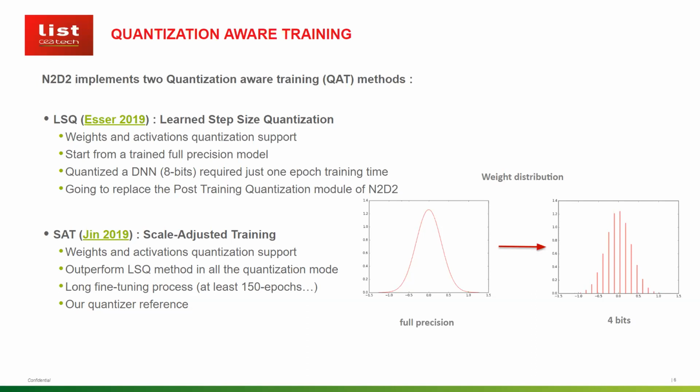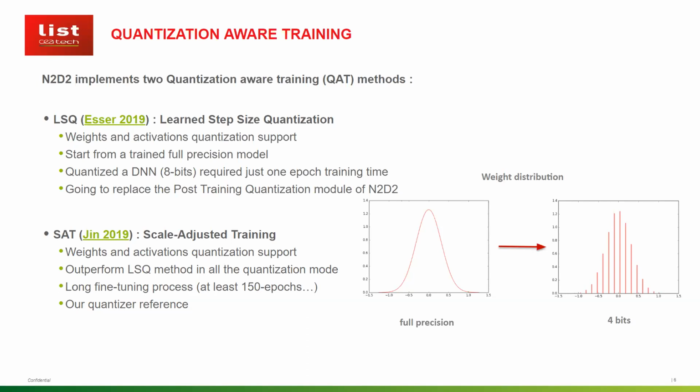The first one, which is a bit simpler, is called Learned Step Size Quantization. The second one is Scale Adjusted Training, and I added the links to the papers. Both provide us weights and activation quantization support. What I mean by quantization is illustrated on those two graphs.